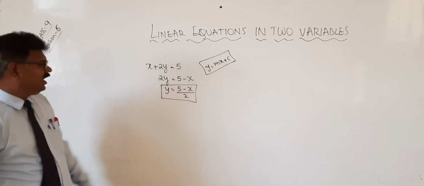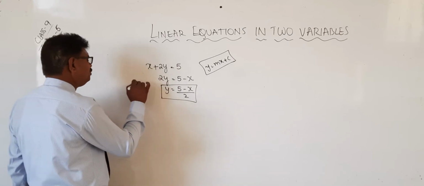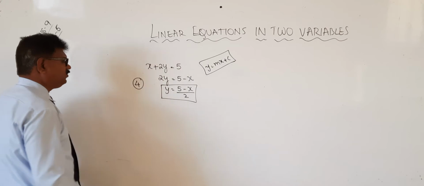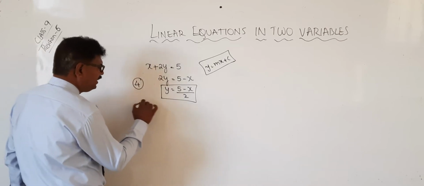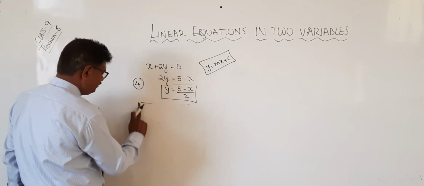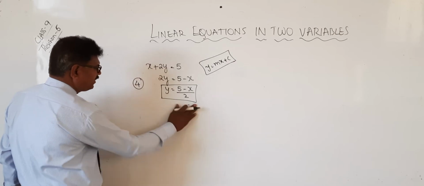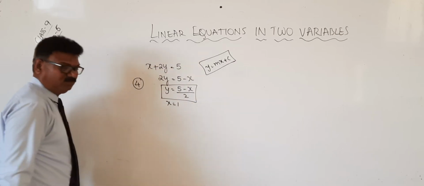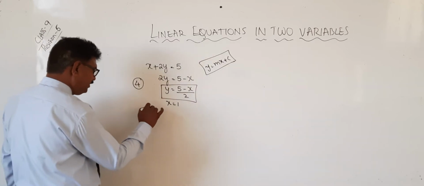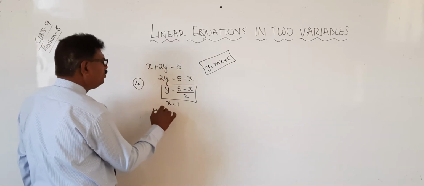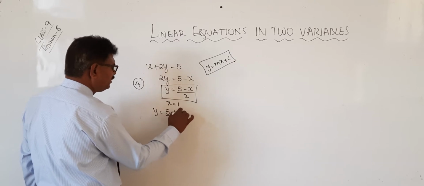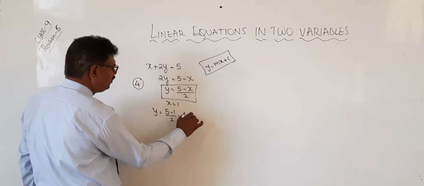Okay? Now, 4 solutions we have to find out. How many solutions? 4 solutions. Very, very simple. Now you see, first let me take x equal to 1. Then what happens? y is equal to (5 minus 1) divided by 2, that is 4 by 2 equal to 2.